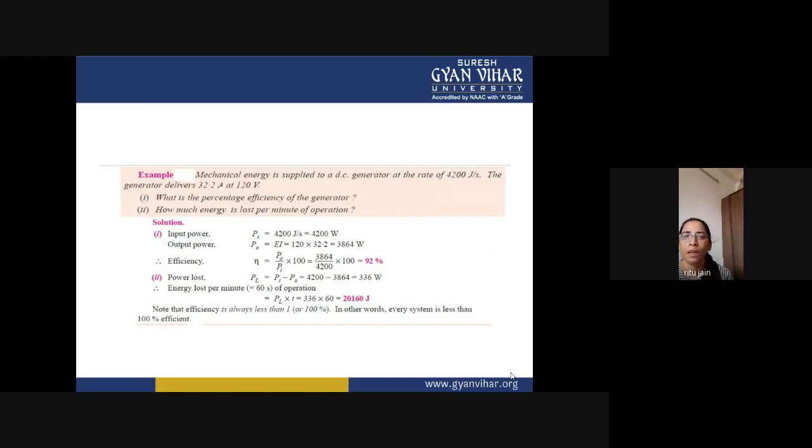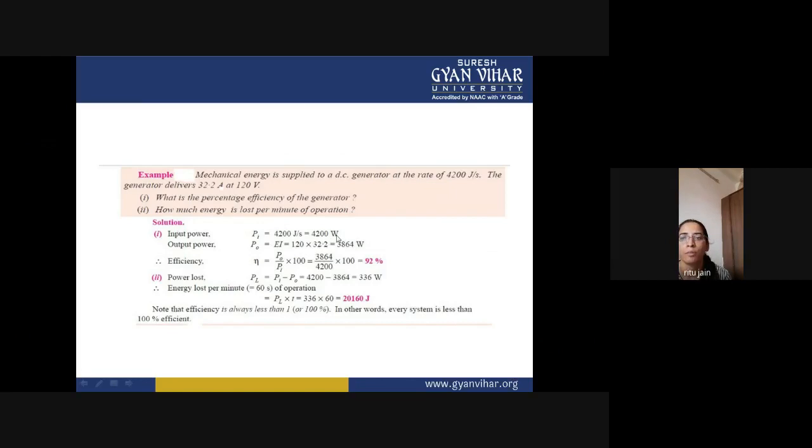So the input power given to the generator is 4200 joule per second. This is energy per unit time, so the input power fed into the generator is 4200 watt.